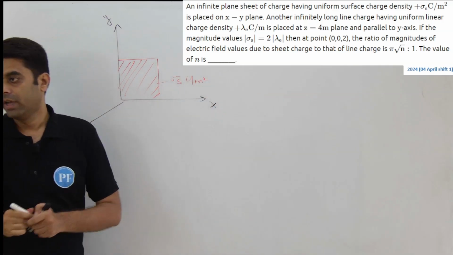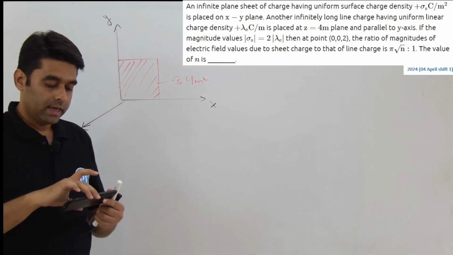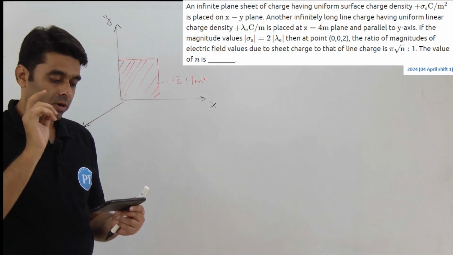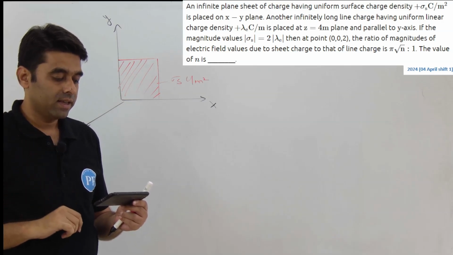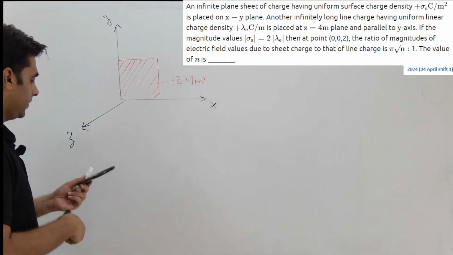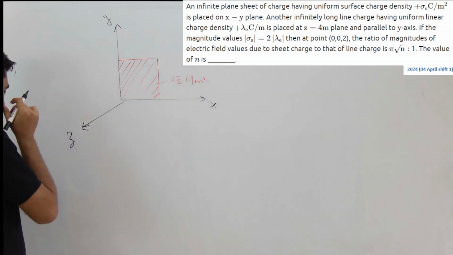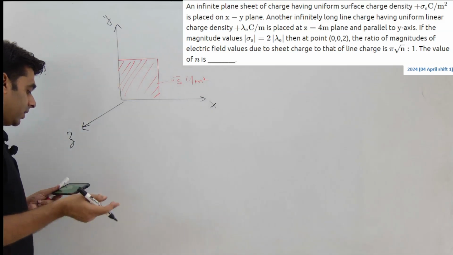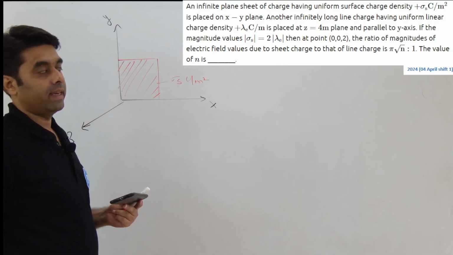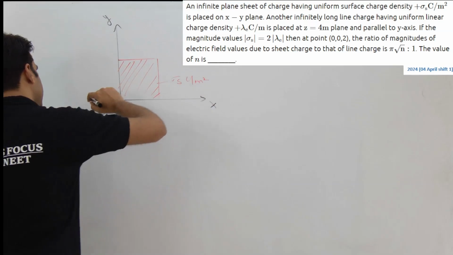Fine, well and good. Next it says another infinitely long line charge having uniform linear charge density lambda is placed at z equals to 4 meter plane and parallel to y axis. That means this is our y axis and z equals to 4.